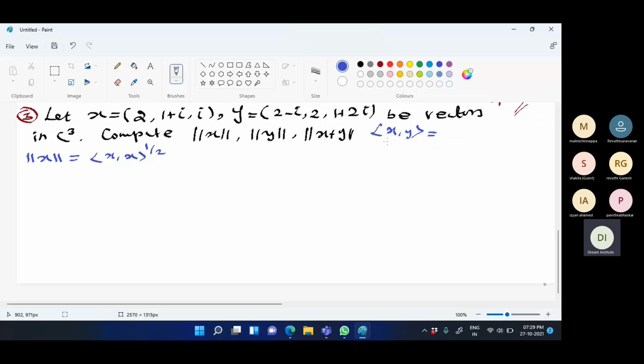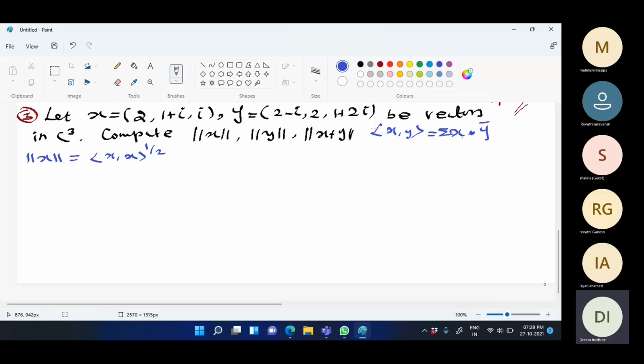The product of two vectors means the first vector multiplied by the second vector bar. This is the sum of the first vector multiplied by the second, a dot product only, not a cross product. This is the definition for the inner product.